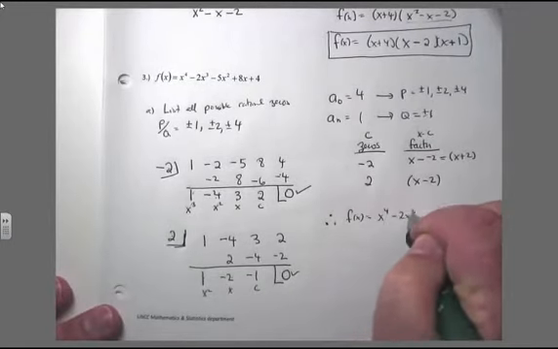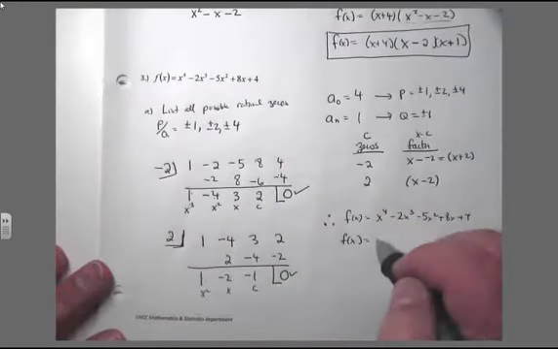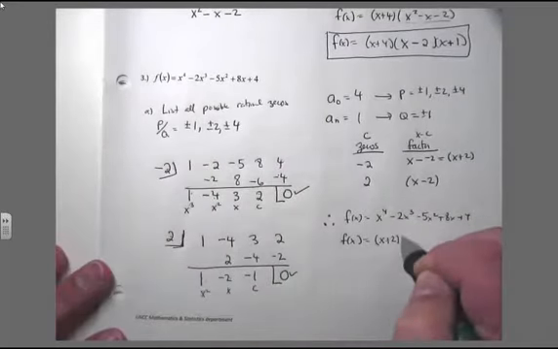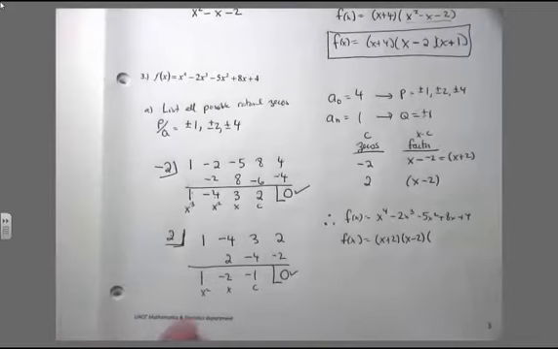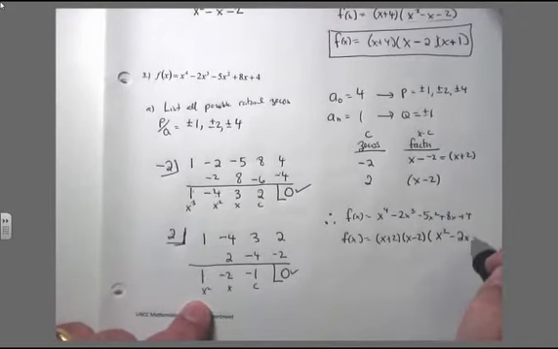We did 2 reductions on this thing because this was a 4th degree polynomial to get it down to the quadratic. My 2 factors are x plus 2 times x minus 2 times what's left? Very good. X squared minus 2x minus 1. Does that make sense? I lose you guys anywhere.